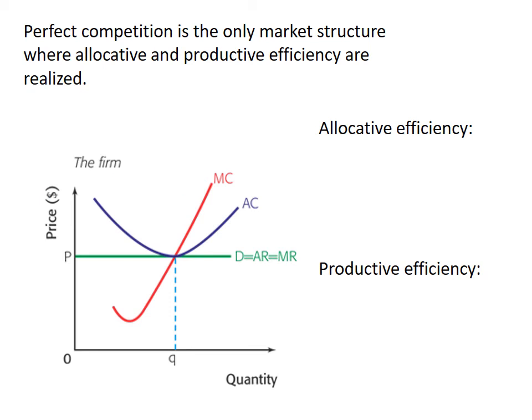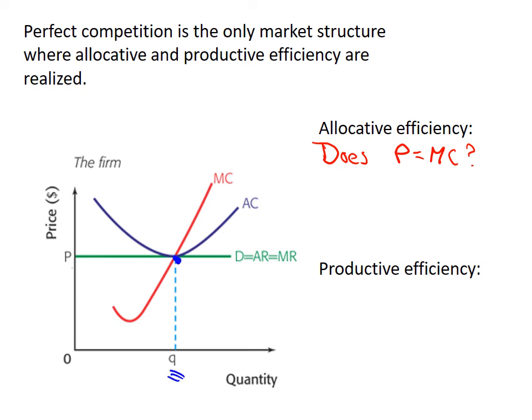So let's look at what's actually going on here. Allocative efficiency: if I asked you, does P equal marginal cost? Again, you're going to produce where marginal cost equals marginal revenue, so you produce at that quantity.